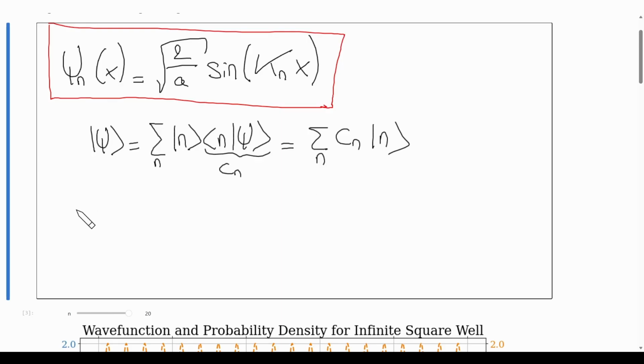Now, let's imagine that we let this initial state evolve with the Hamiltonian of the problem. What this gives is the following.